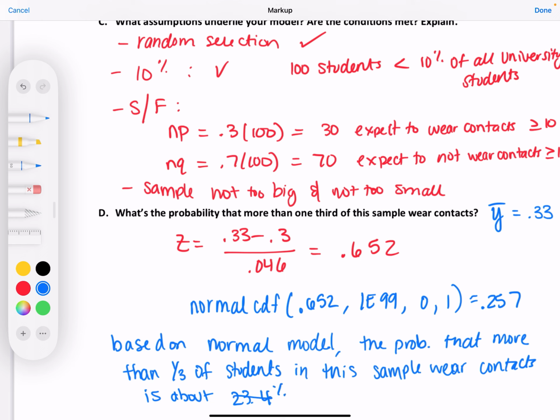Or I mean, wow. Hello, that's the number that's on my paper that's wrong. 25.7%.